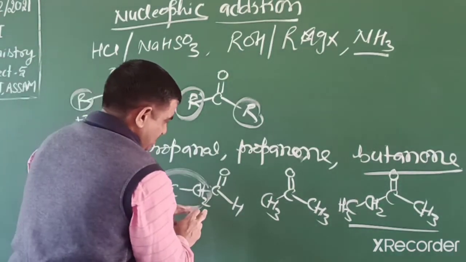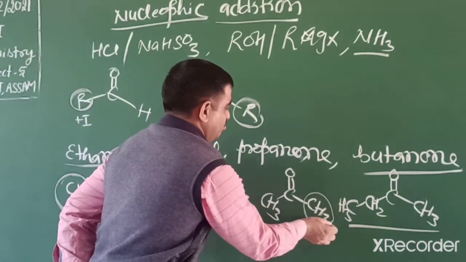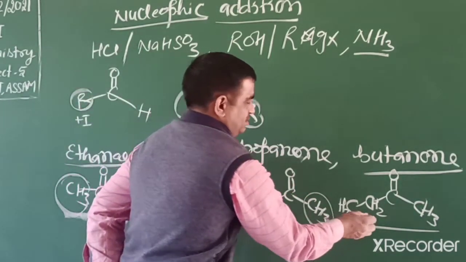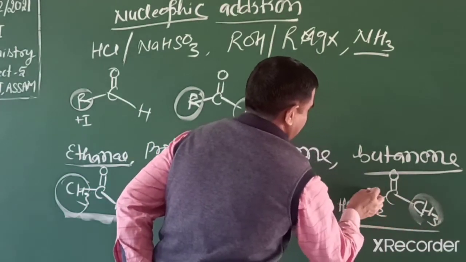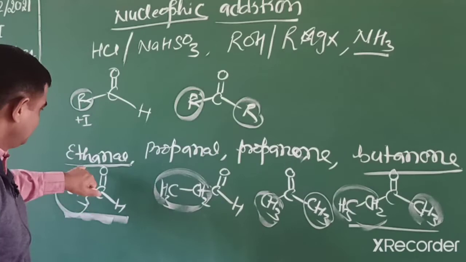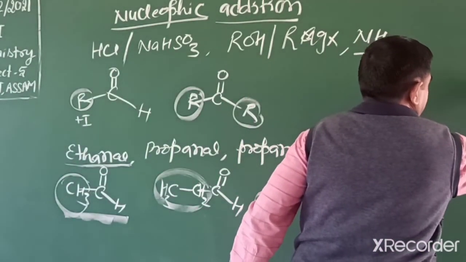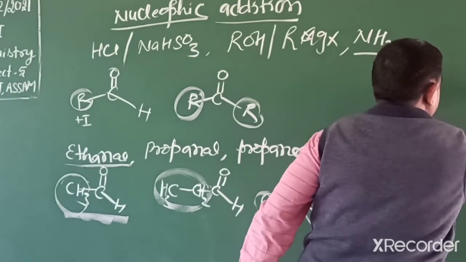After that, the ketones, because a ketone has steric effect on both sides. Butanone has a slightly larger size.